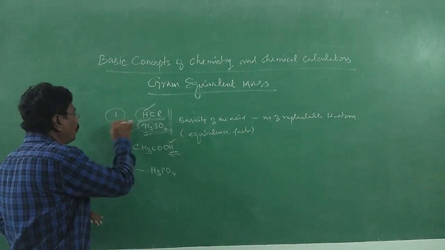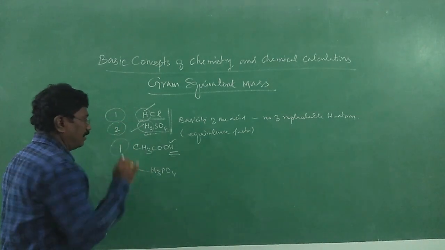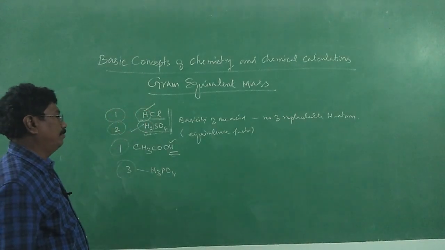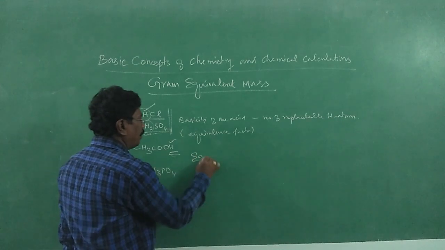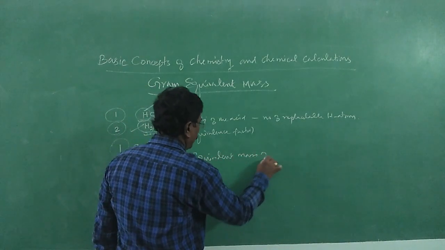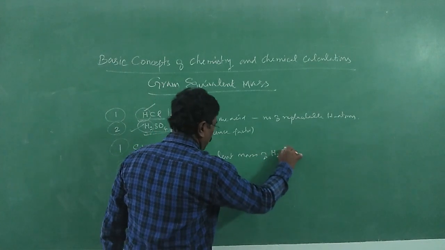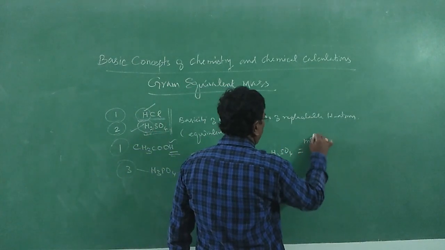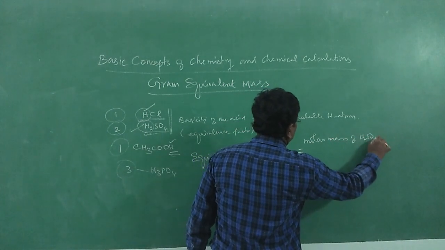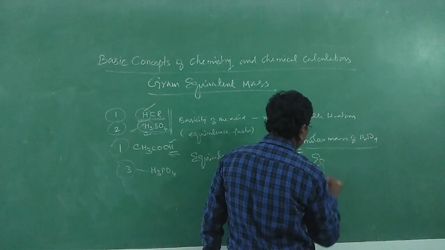That basicity is said to be the equivalence factor. What is the equivalent mass of sulfuric acid? Equivalent mass of H2SO4 is equal to the molar mass of sulfuric acid divided by the equivalence factor of sulfuric acid.